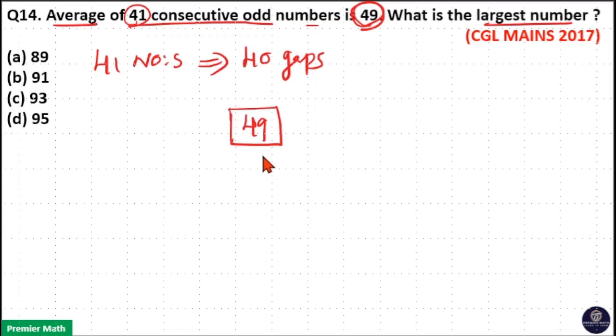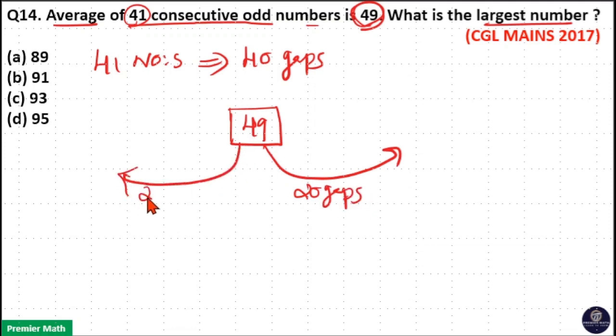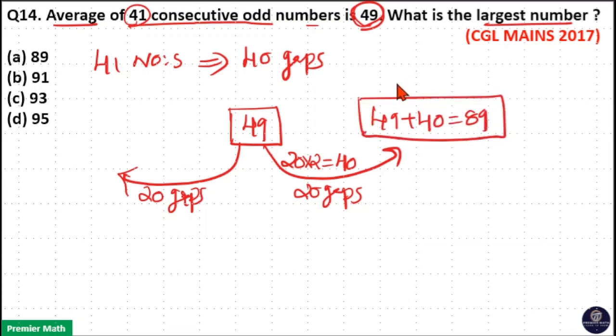And 40 gaps means 20 gaps are after this number 49 and 20 gaps are before this number 49. Now 20 gaps means 20 into 2, 40 numbers are after this 49. So 49 plus 40, 89 is the largest number here.